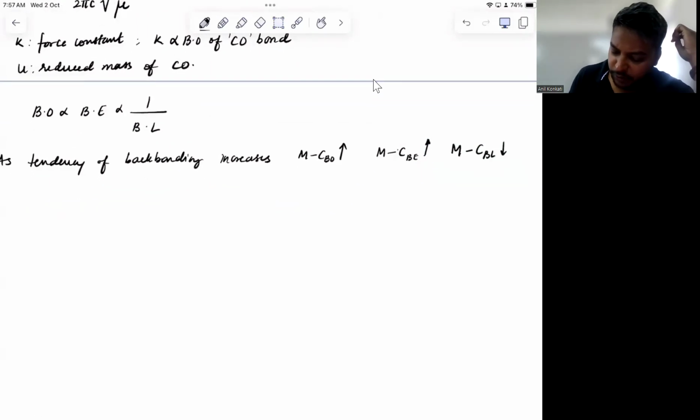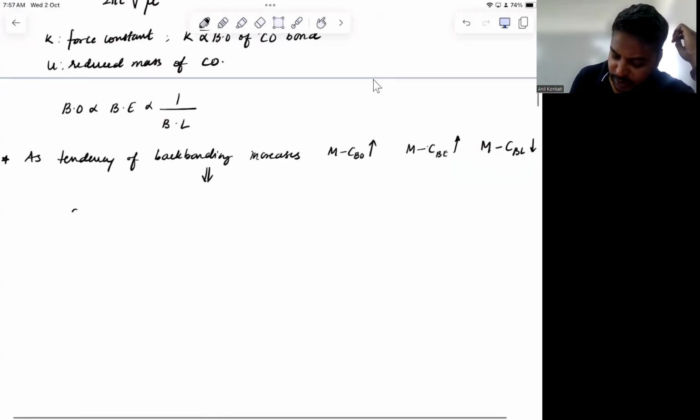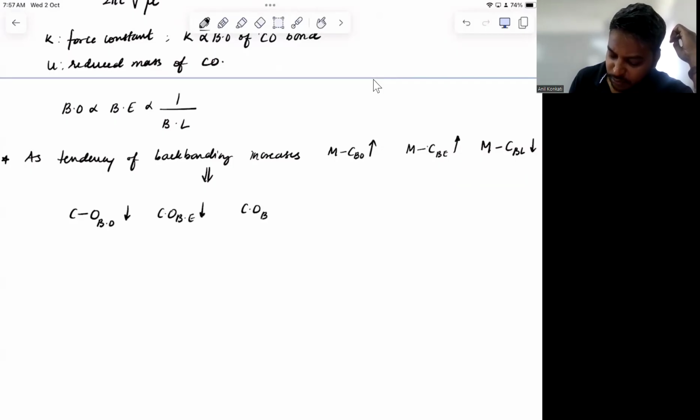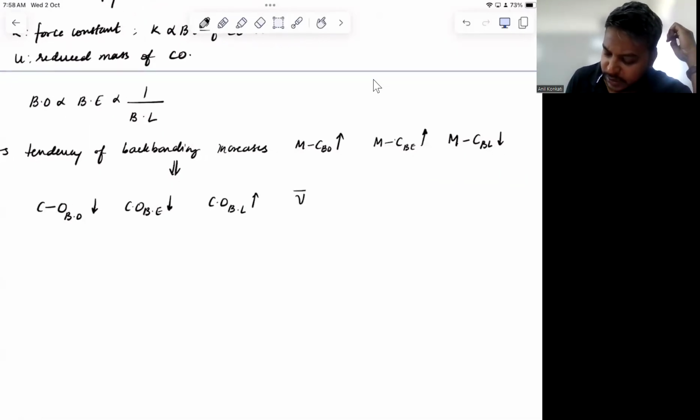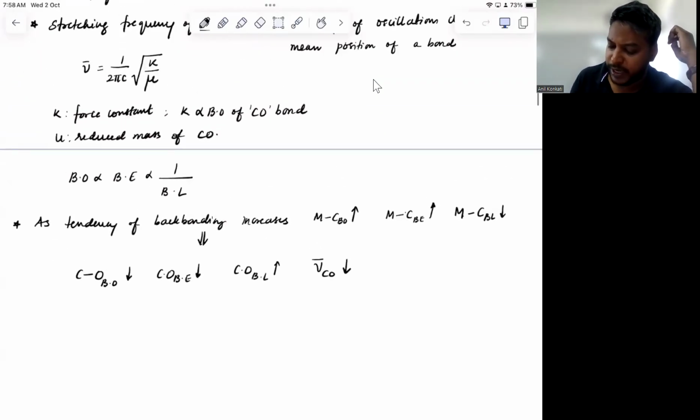What is the resultant of this one? This will have CO bond order decreasing, CO bond energy decreasing, CO bond length increasing, and stretching frequency of carbon monoxide decreasing. Isn't it? Why? Because it is related to this.